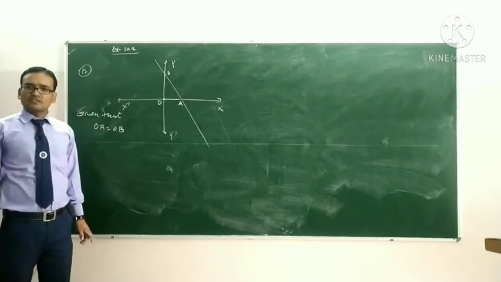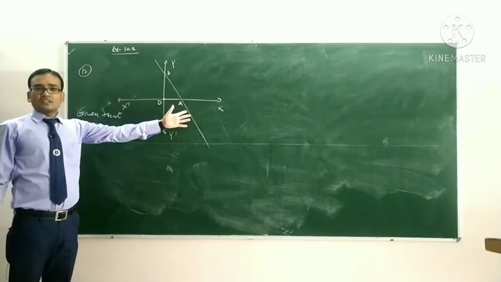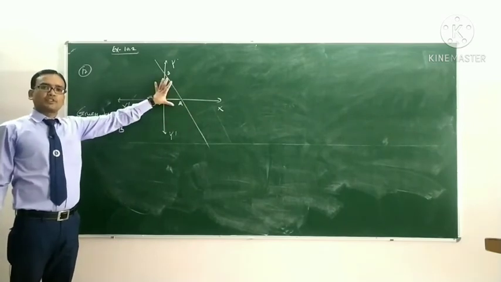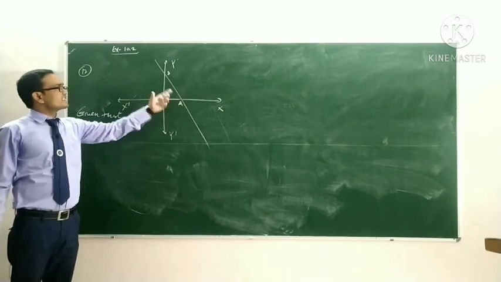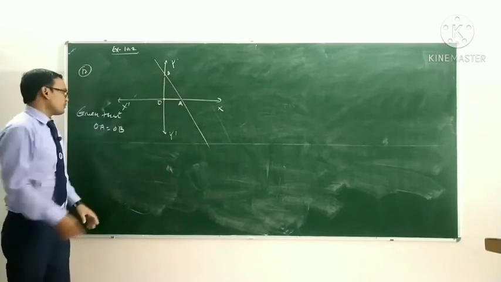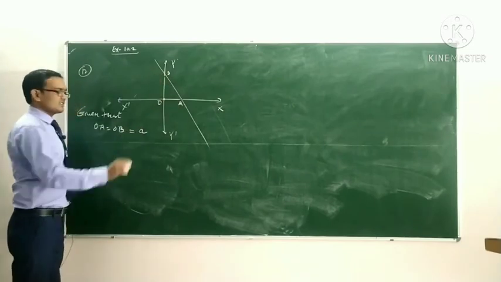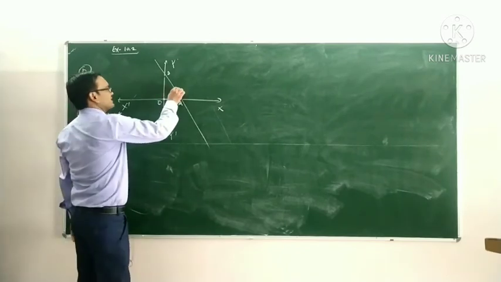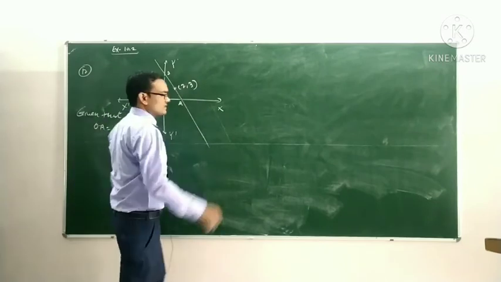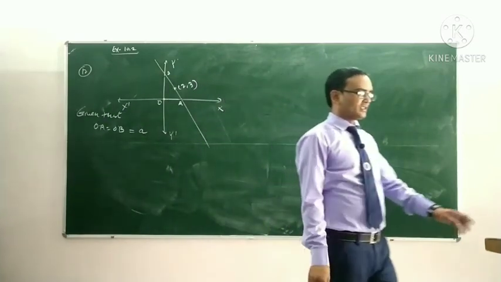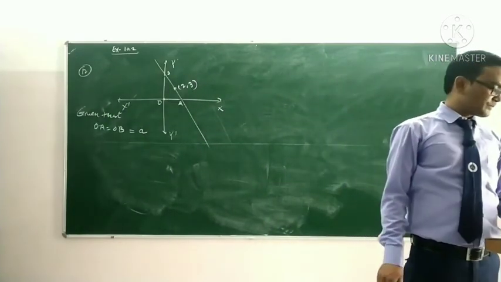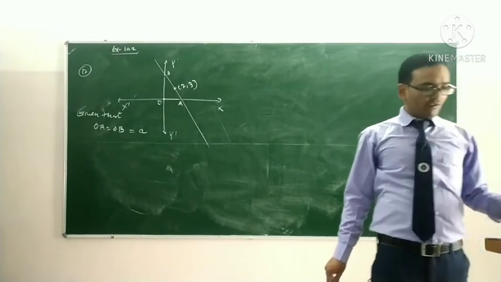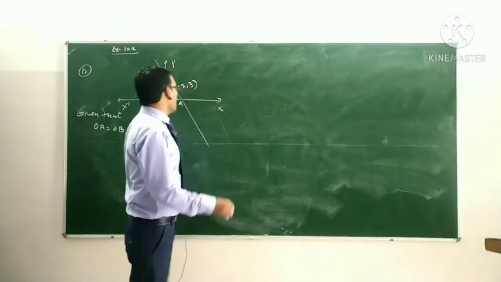Okay students, the line cuts equal intercepts on both axes. We suppose this is A. The line passes through the point 2, 3. Then we find the equation of the straight line L.